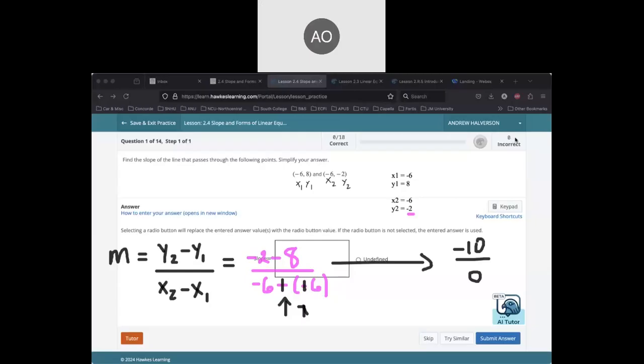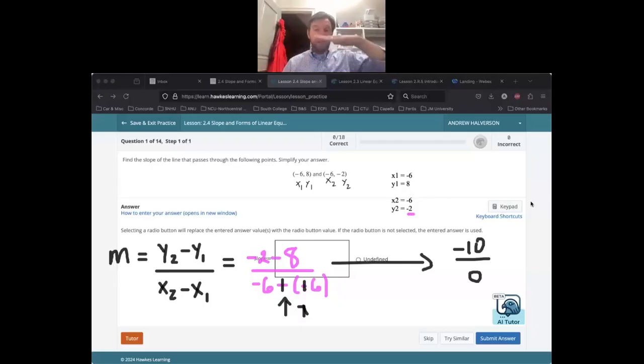Okay, so there's a couple takeaways here. One is the slope measures the steepness of a line. Zero slope is a horizontal line. A cliff, a vertical line, is an undefined slope. Why?